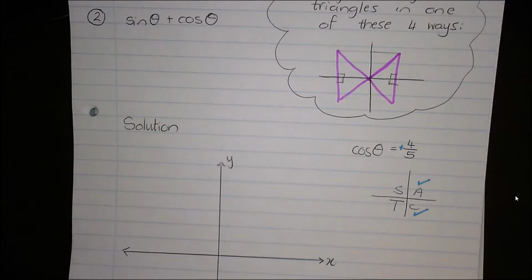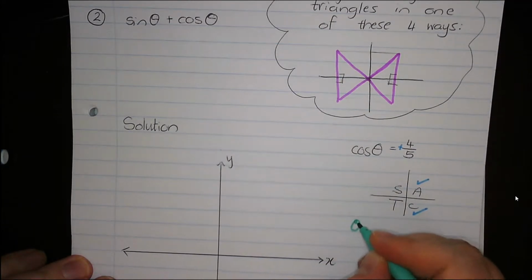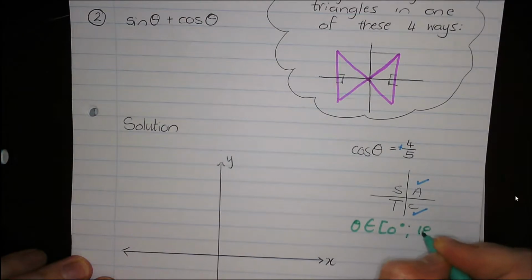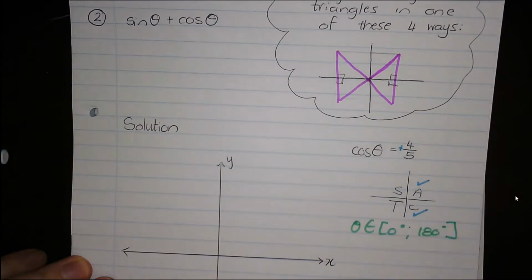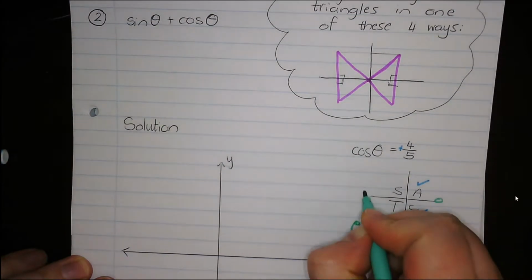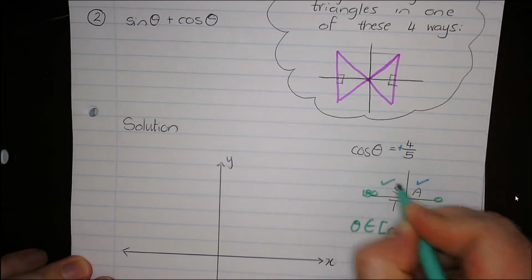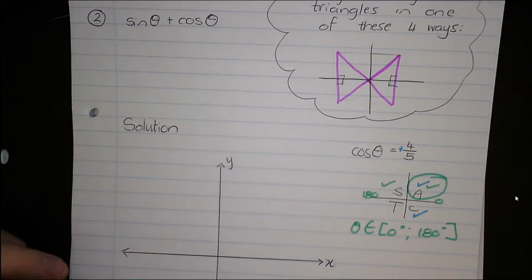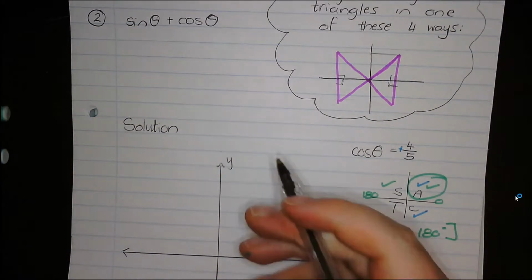We first want to identify which quadrant we're working in. Then we are told that theta lies between 0 degrees and 180 degrees, so it's either there or there. So we're going to work in the first quadrant, and our triangle is going to be drawn like this.